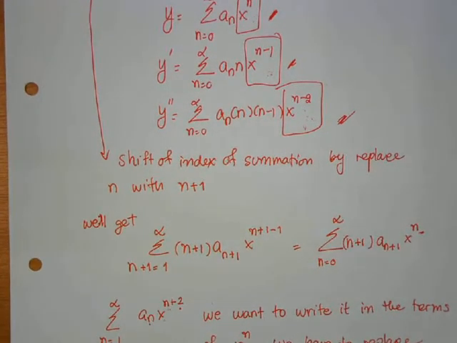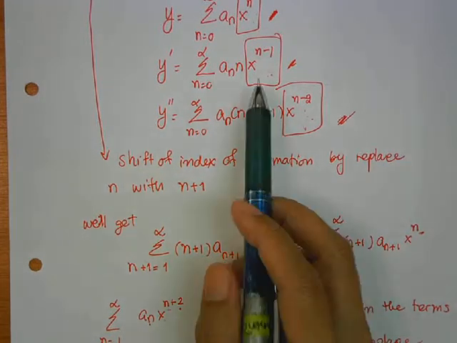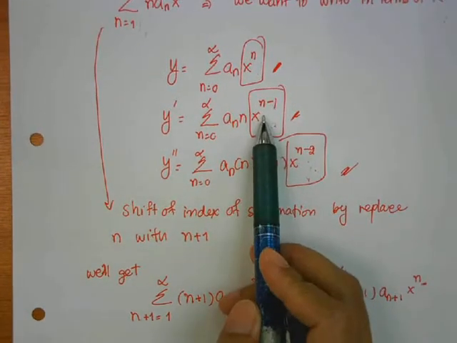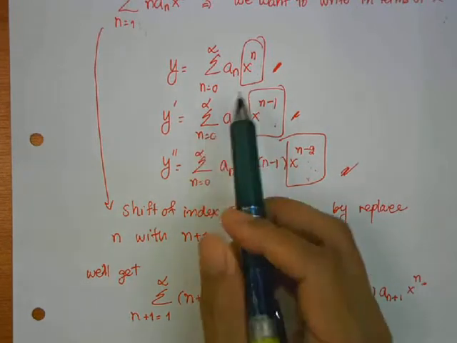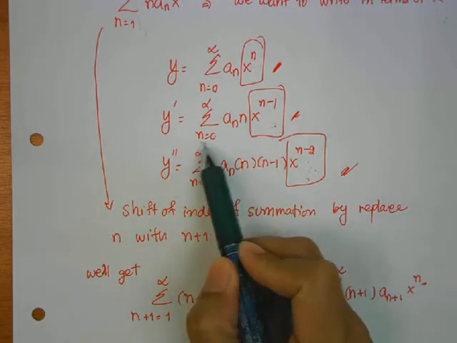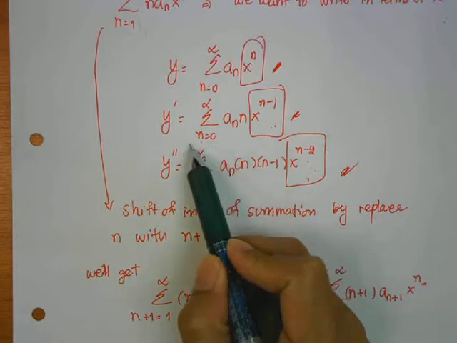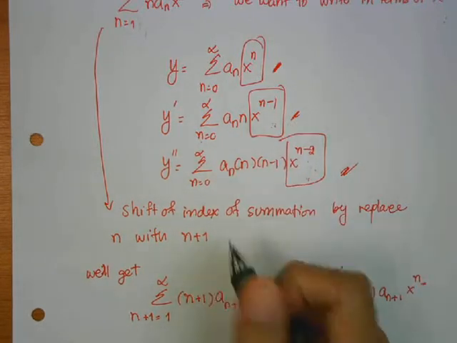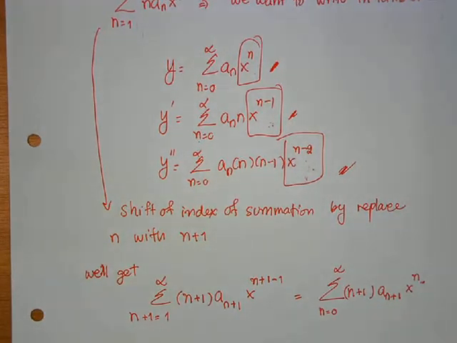Now if you take a look at this one, when you replace n with n plus 1 there, you would get n plus 1 equal to 0, so your n starts from minus 1, which doesn't make sense. n is supposed to be a non-negative number, so it has to start from 0 until infinity.